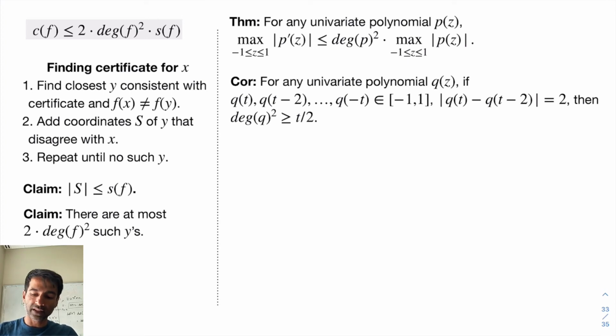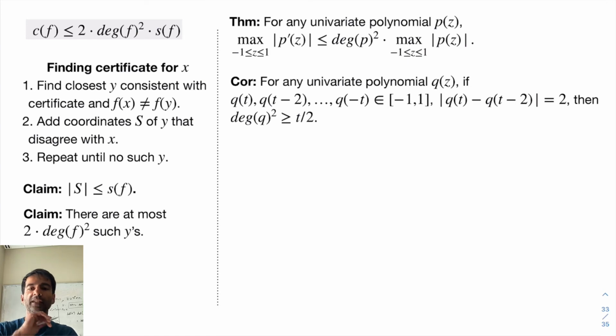It says that if you have a univariate polynomial q such that q on inputs t, t minus 2, all the way up to minus t lies in between -1 and 1, and yet q disagrees in, say, the first two inputs by at least 2, then the square of the degree of q must be large, must be at least t over 2.